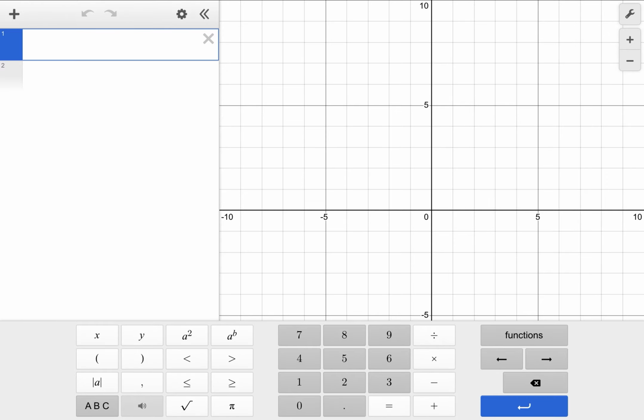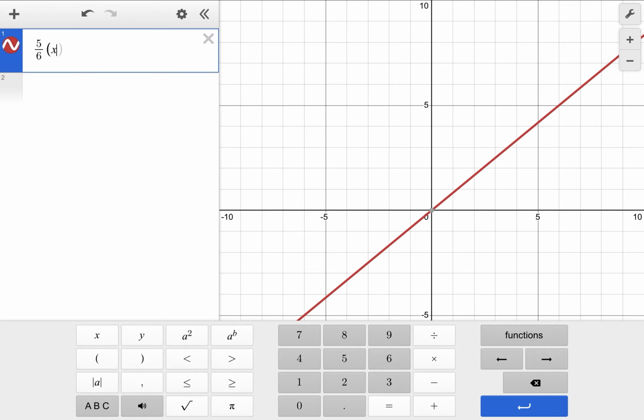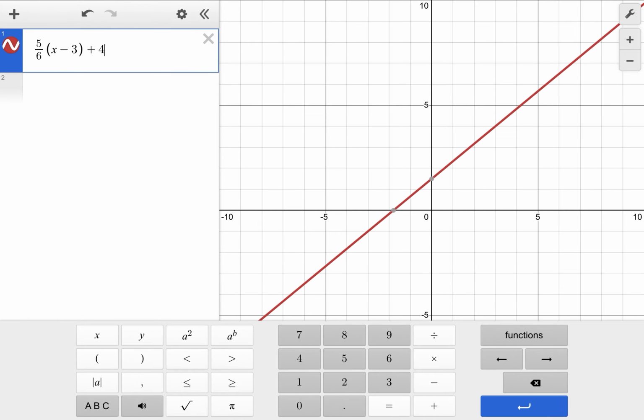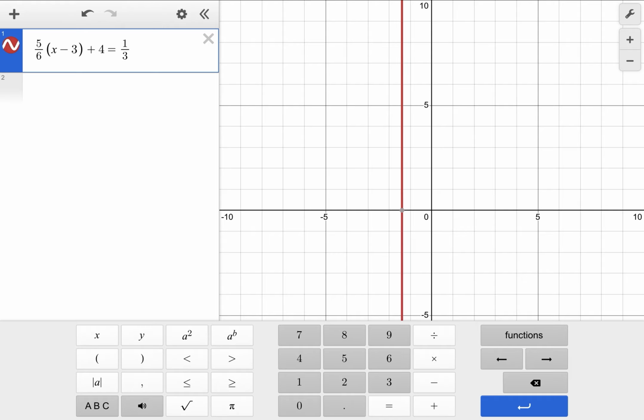So for example, let's say you're given the problem where you have 5 over 6, x minus 3, and this represents the left side of an equation, and then the right side of the equation is this.